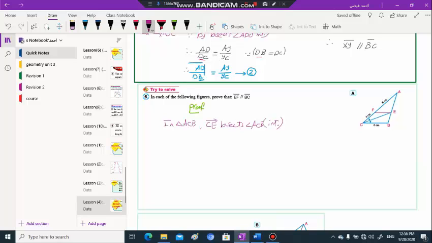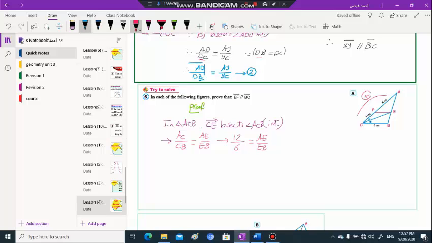So the ratio between AC over CB equals the ratio between AE over EB. And we have AC, 4 plus 8, which will be 12. And CB will be 6, equals AE over EB.